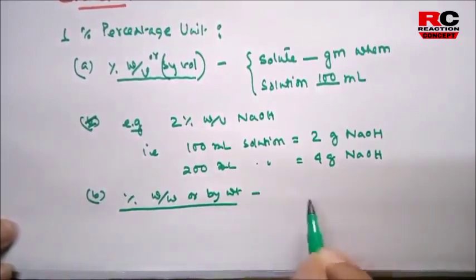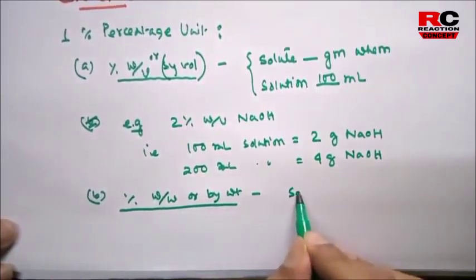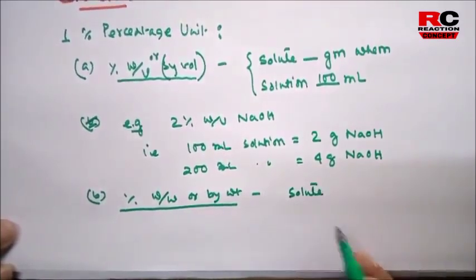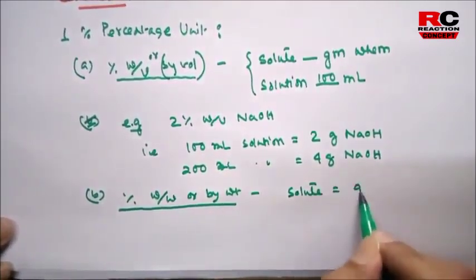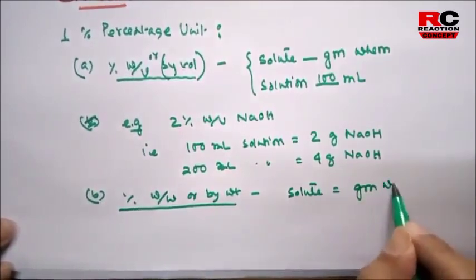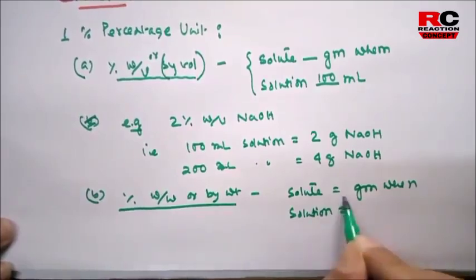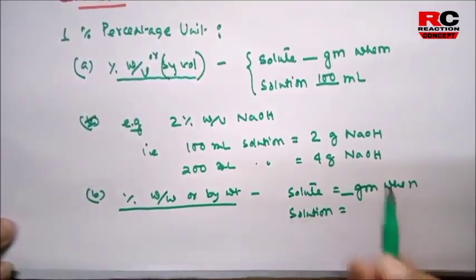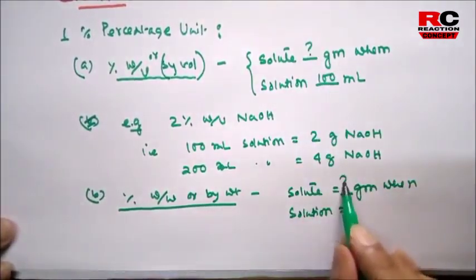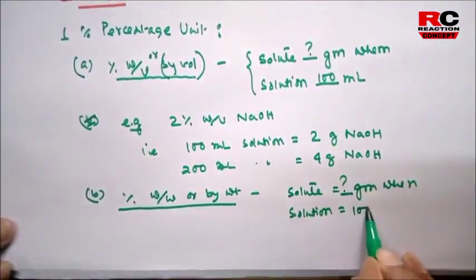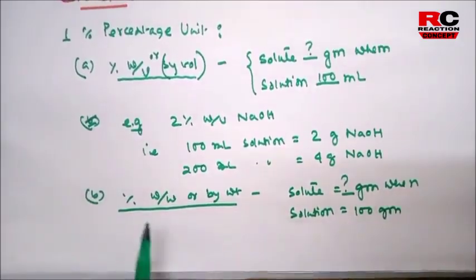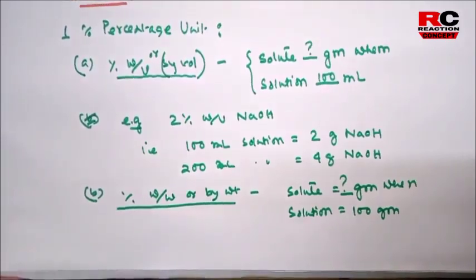Okay, so this can be described as the amount of solute in terms of gram when the amount of solution is 100 gram. So W by W percentage can be defined as the amount of solute in terms of gram present in 100 gram of a solution. That is known as percentage W by W concentration of a solution.